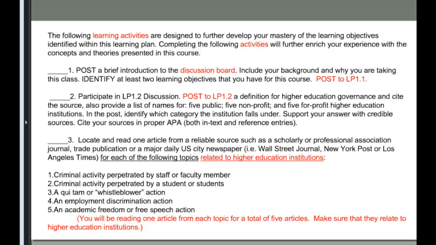I have taken the learning activities, summarized them here for you, and I just want to touch on these, and also we'll cover information as we go through this.